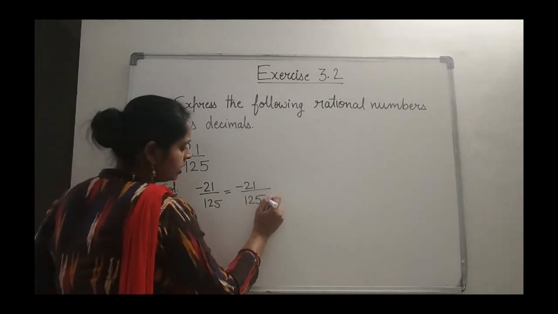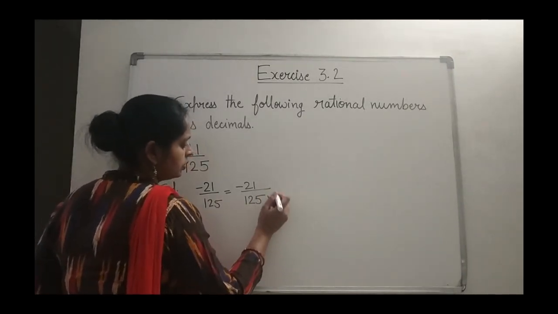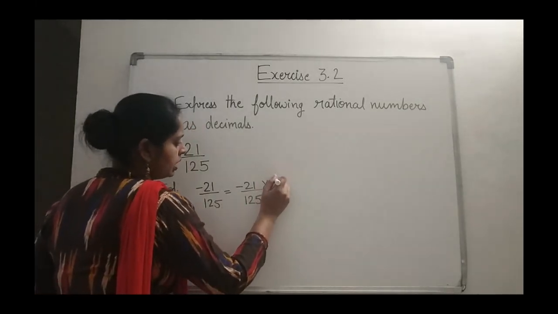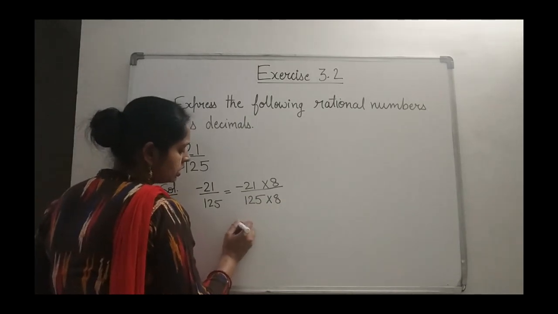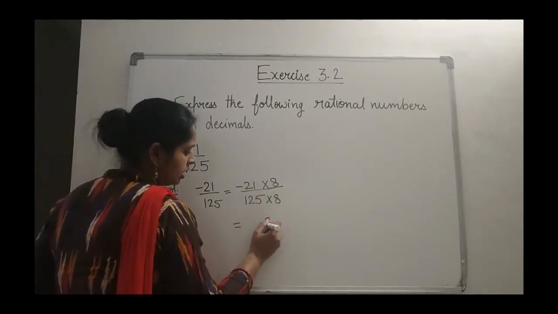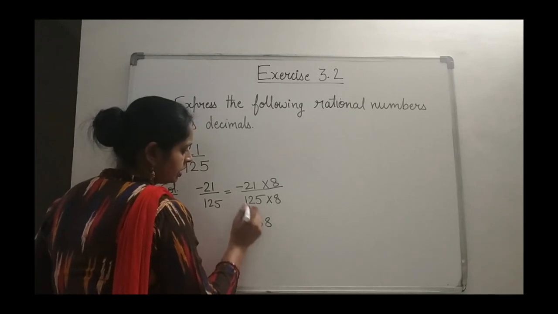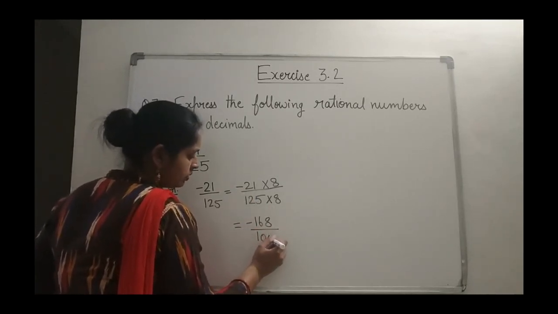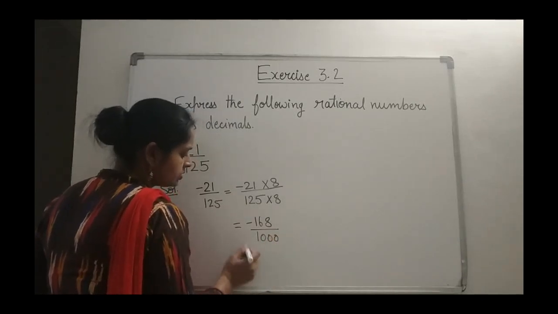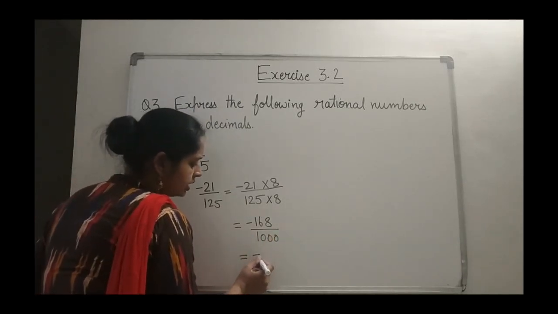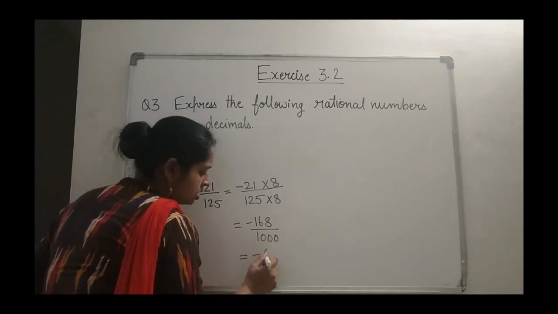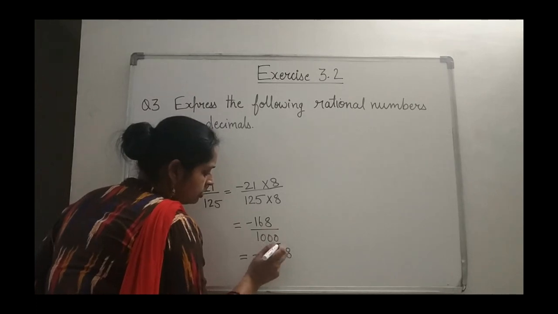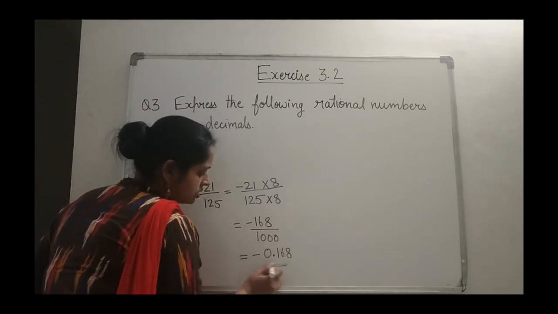So 125 into 8 is how much? 1000. If we have multiplied 8 in the denominator, we have to multiply 8 in the numerator also. So what answer will we get? 8 ones are 8 and 8 twos are 16, with minus sign, upon 125 into 8 which is 1000. What will be the answer? Negative sign is there. So you will get minus 168 upon 1000, which is 0.168, because 3 zeros are there, meaning 3 decimal places will be there. So this is your answer.